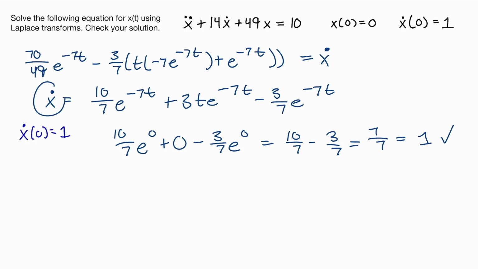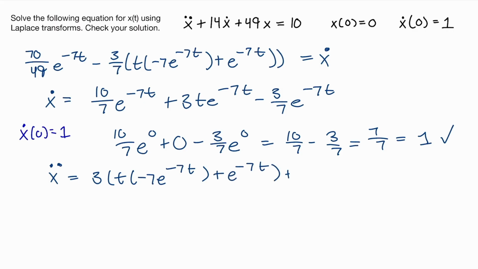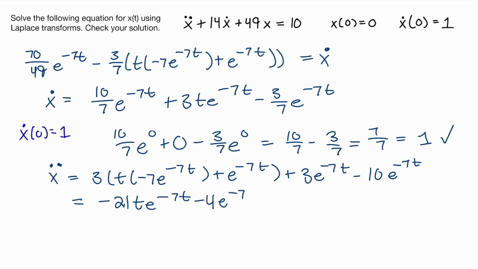We already found x dot over here. We just need to find x double dot now. When we take that derivative, we get 3t times negative 7 e to the negative 7t plus e to the negative 7t plus 3e to the negative 7t minus 10e to the negative 7t. And then when we simplify this, we get negative 21t e to the negative 7t minus 4e to the negative 7t.